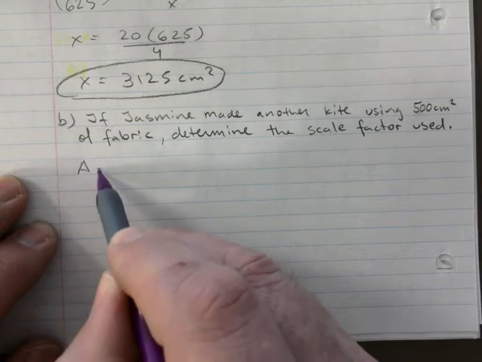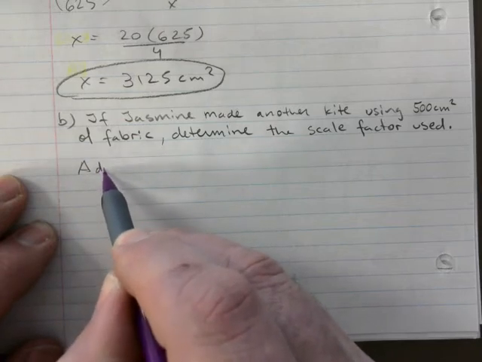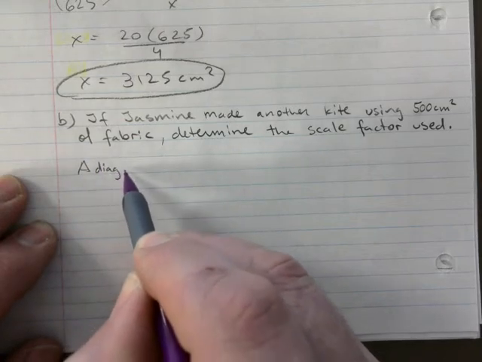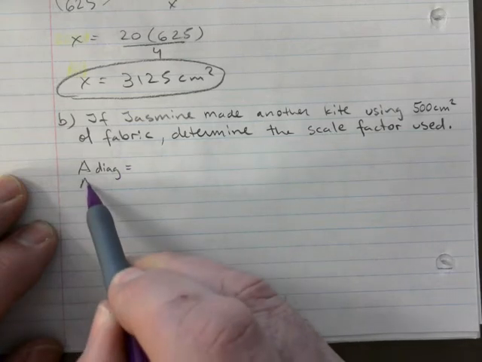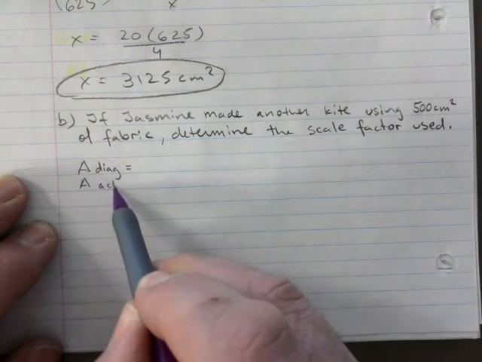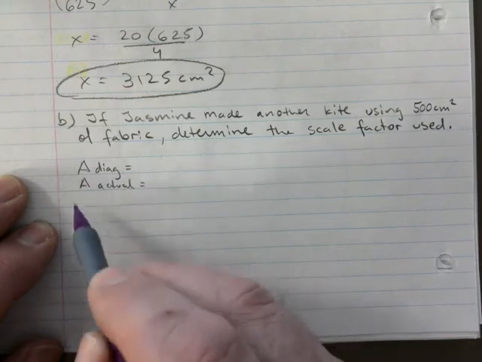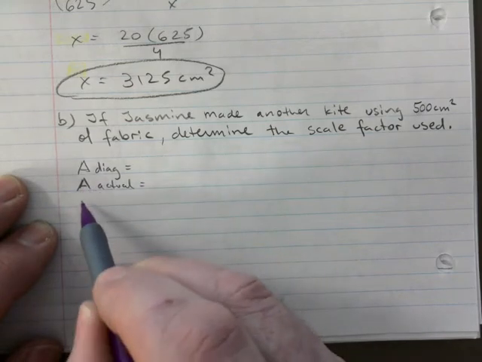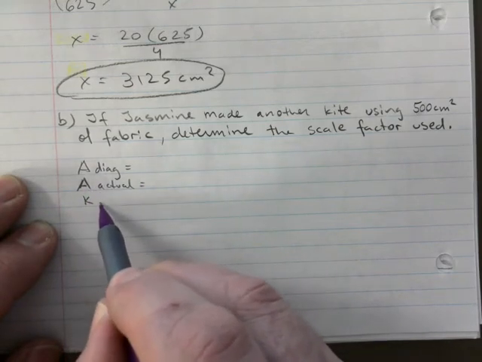So the area in the diagram is the area of the actual, and there's the scale factor.